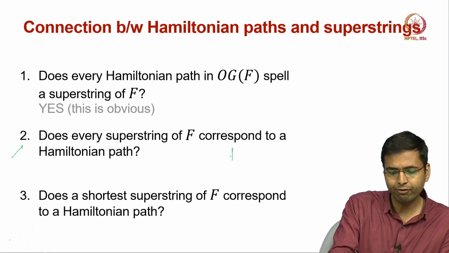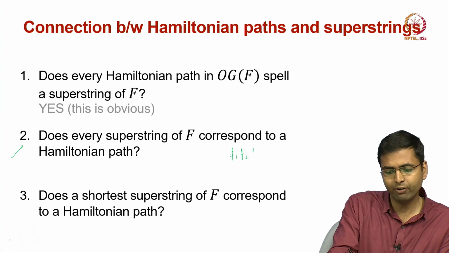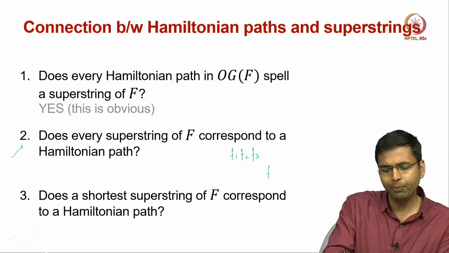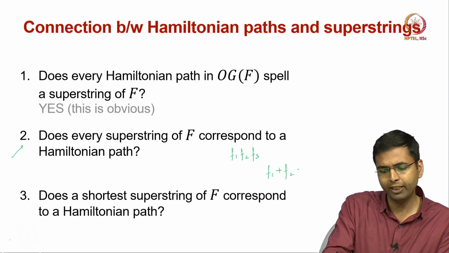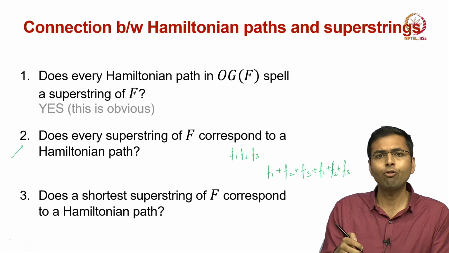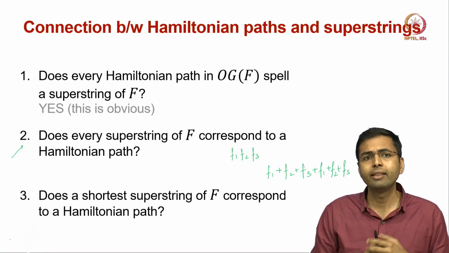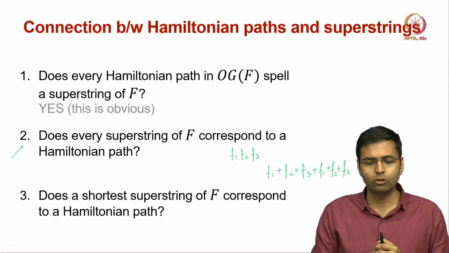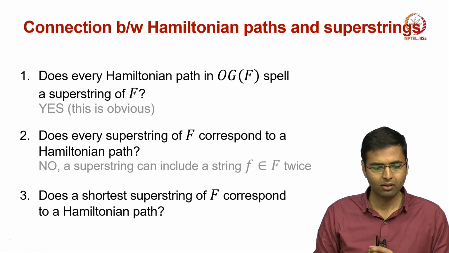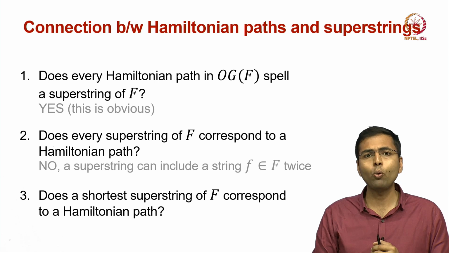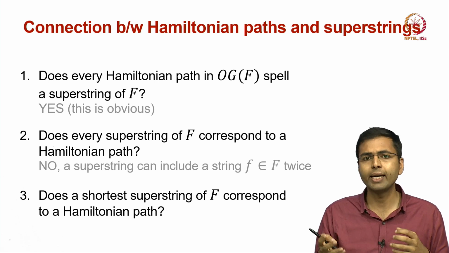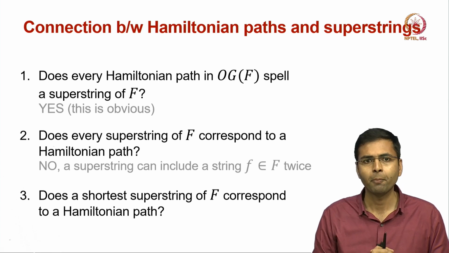For example, if I have 3 strings F1, F2, F3, then I can simply concatenate F1, F2, F3, and then again concatenate F1, F2, F3, and I can form a long string which includes every string twice. In that case, this won't correspond to a Hamiltonian path. So the answer is no, because a superstring can include a string twice or thrice, as many times as we want.